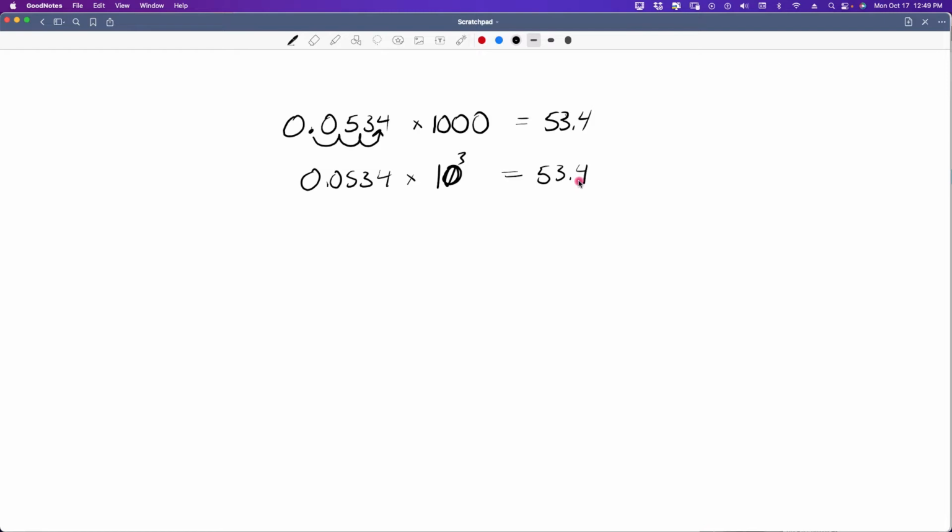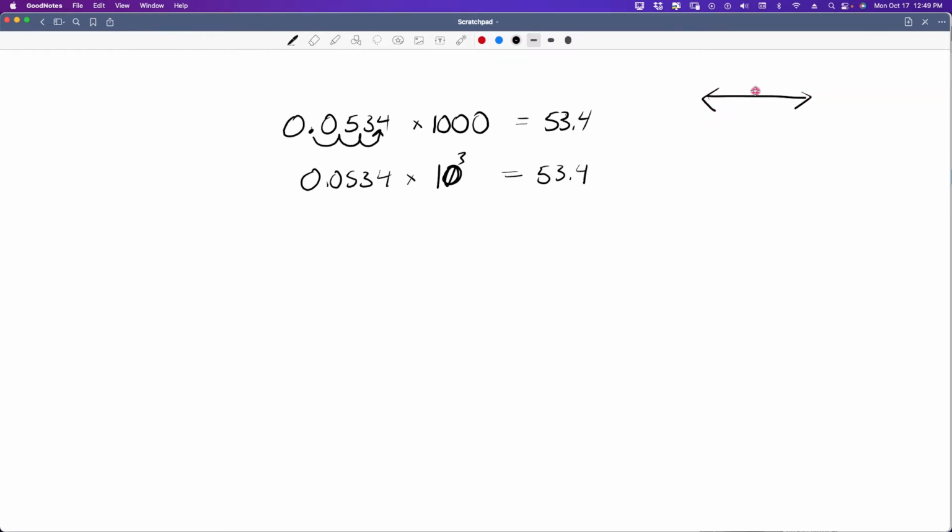When we multiply a number by a positive power of 10, we move the decimal point to the right, the number of places indicated by the exponent. So if this is a positive exponent, then we move the decimal to the positive side of the number line. Here's the number line, right?